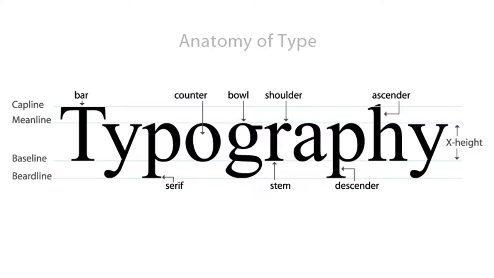Then we have descenders, which are found in characters like Y, P, and G, that go below the rest of the characters and below what we call the baseline. So ascenders go beyond the mean line and descenders go below the baseline.